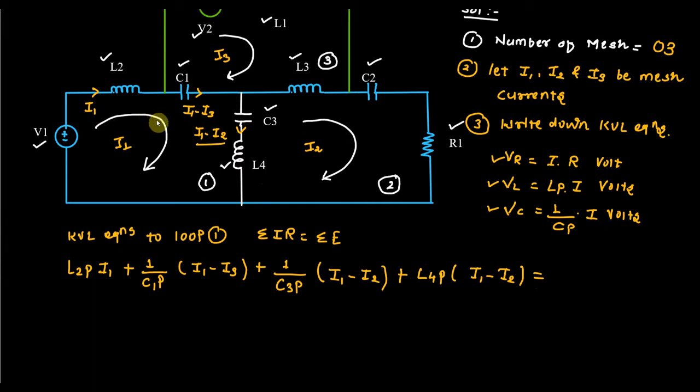When we follow the clockwise direction, the negative plate becomes positive, and we have seen that when the negative plate becomes positive, it is a voltage rise, and a voltage rise is always taken as positive, and it should be equal to V1. So we have applied the KVL to mesh 1, and according to that we get the first KVL equation.